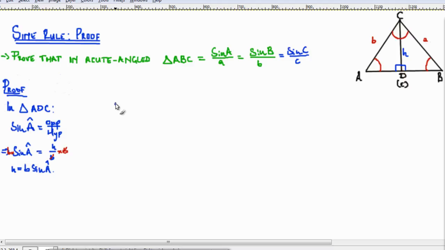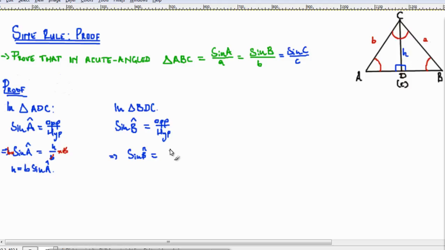Let's do the same thing, but considering triangle BDC. Now in BDC, sine of angle B will again be opposite over hypotenuse. That implies that sine of B is equal to the opposite side, the side opposite to this angle, which is h.